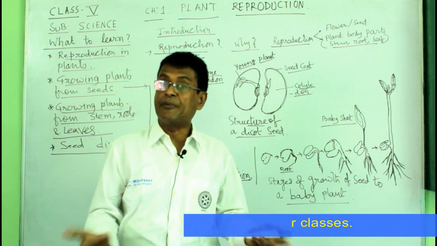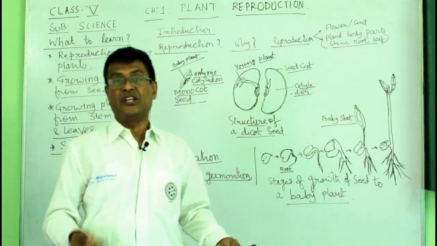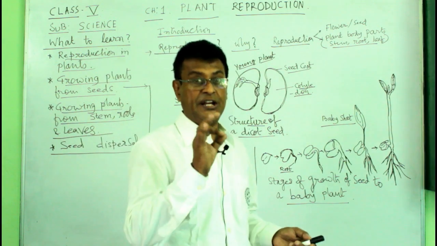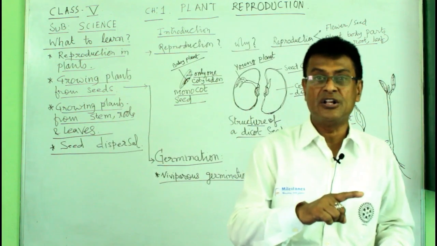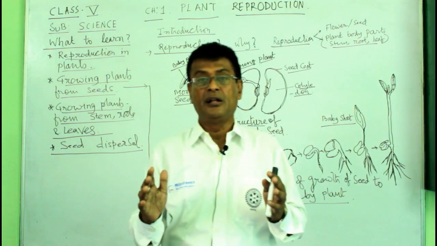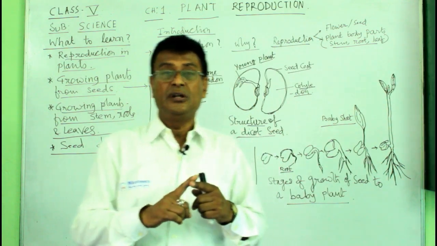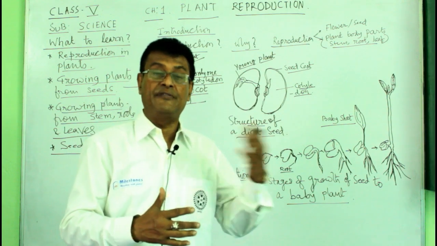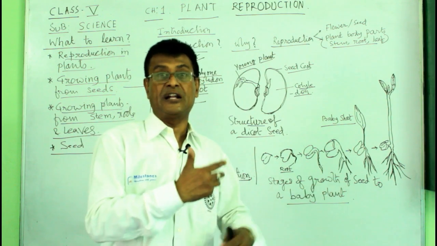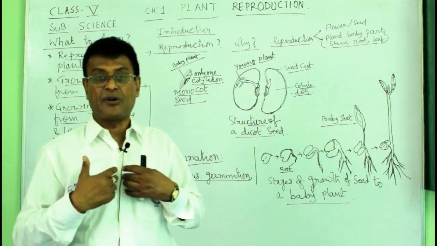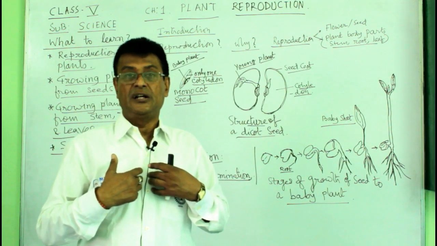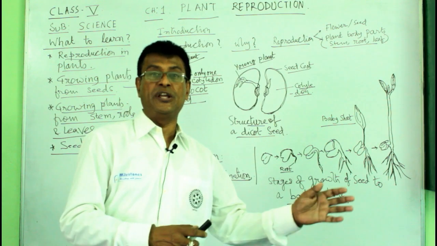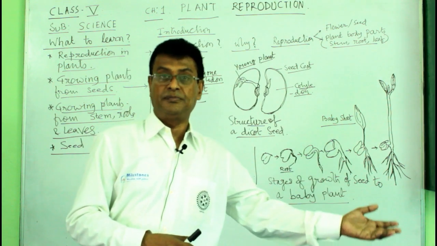Now, what is reproduction? Reproduction is a process in which an individual, whether a plant or an animal, keeps its generation going forever, one after another. That means I have come from my father and my offspring will carry on the next generation.